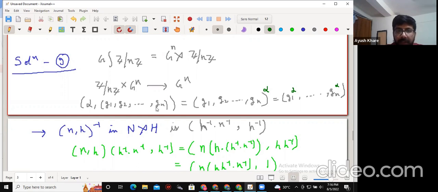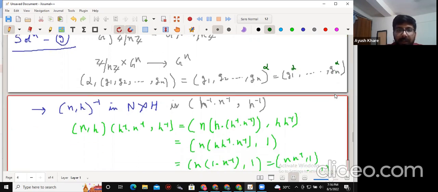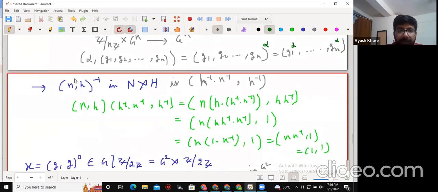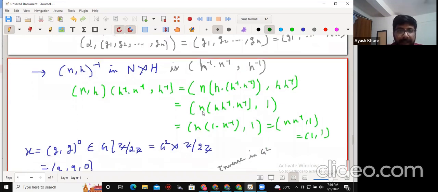Alpha comma this is G1 G2 so on to Gn raised to alpha, which is G1 alpha so on to Gn alpha. The inverse of any tuple in n semi-direct product H is H inverse dot n inverse comma H inverse. We all verified this.